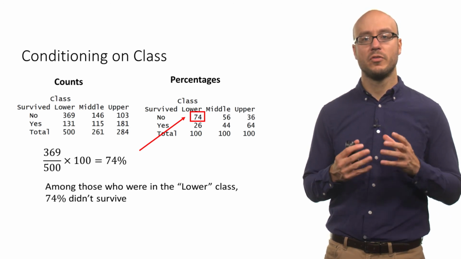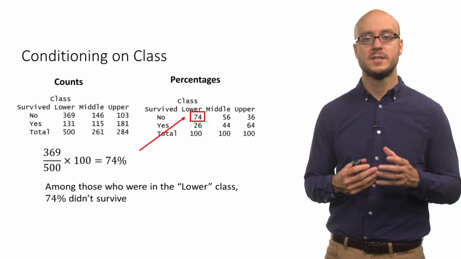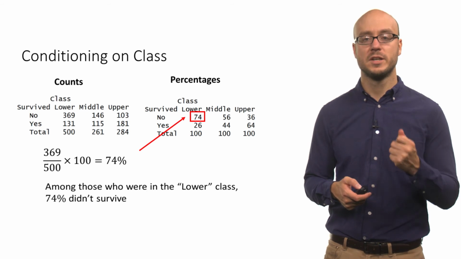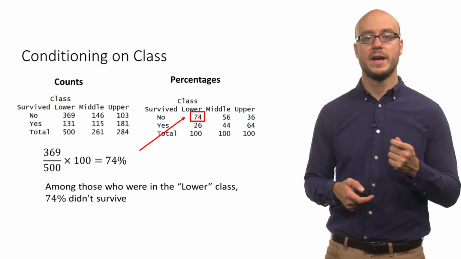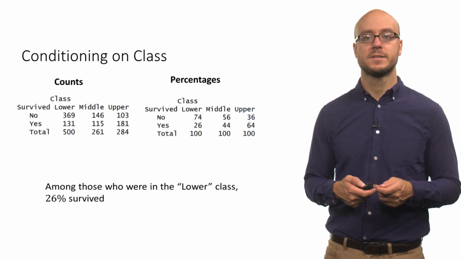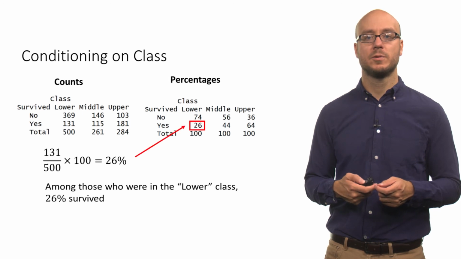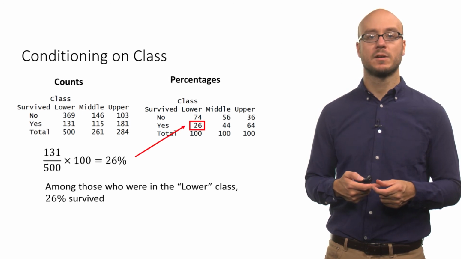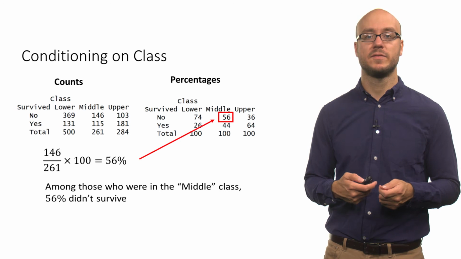This tells us that among those in the lower class, 74% didn't survive. So conditioning on class, 74% did not survive among those in the lower class, and 26% in fact survived.